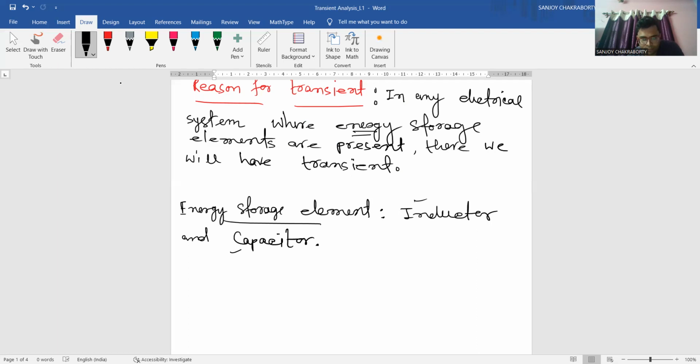So next is why we have this transient in energy storage elements, and why not in energy dissipating elements like resistor. If you have a circuit where you have only resistor, there will be no transient.